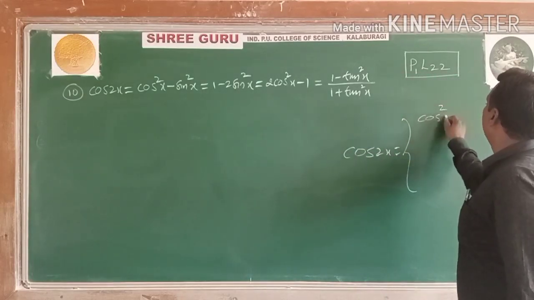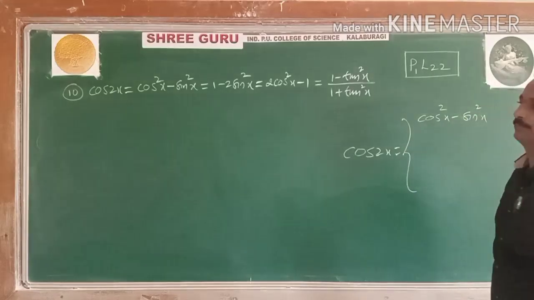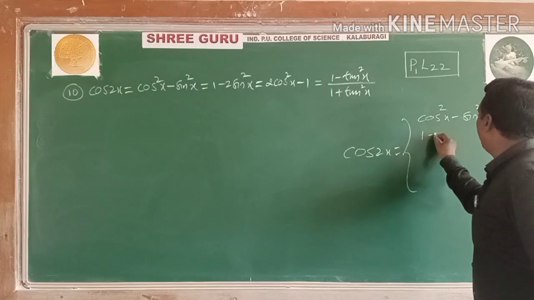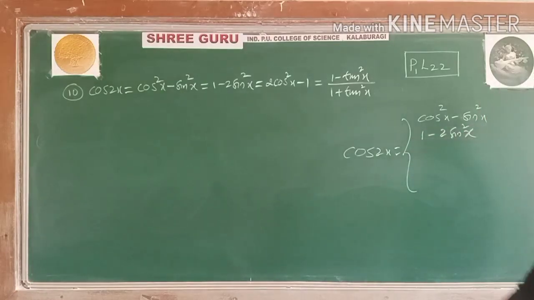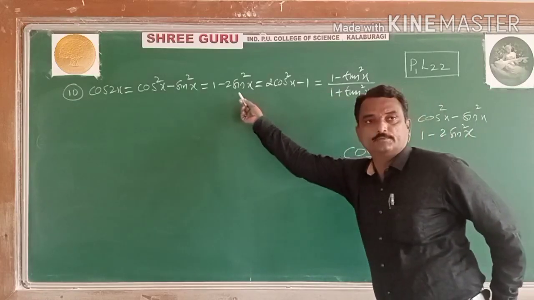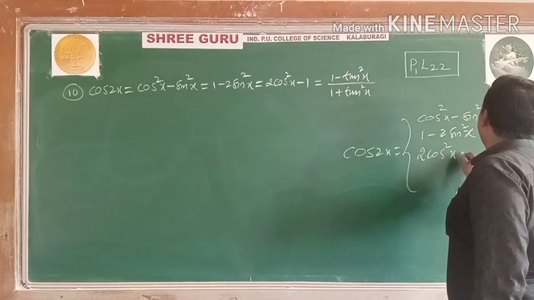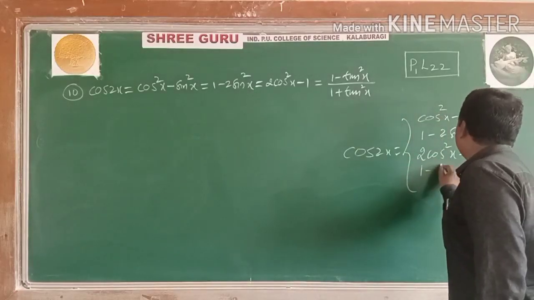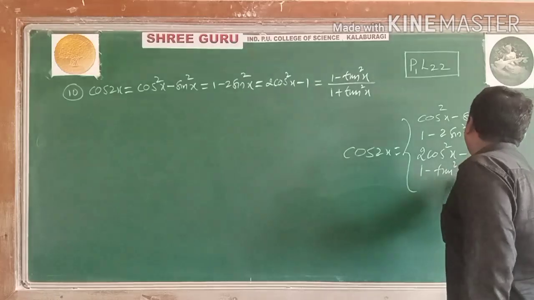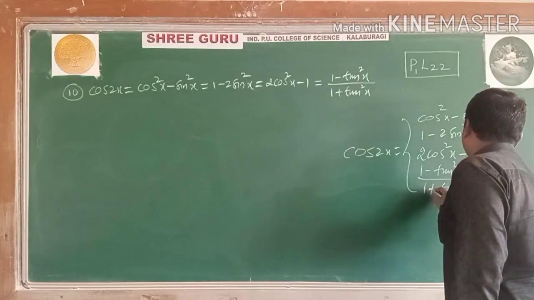First one is cos square x minus sin square x, and you may convert this in terms of sin: 1 minus 2 sin square x, and in terms of cos: 2 cos square x minus 1, and in terms of tan: 1 minus tan square x divided by 1 plus tan square x.